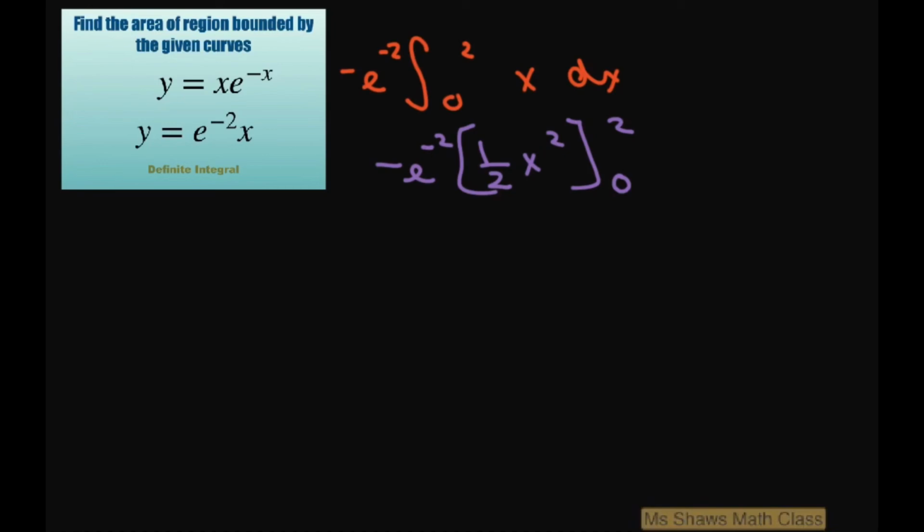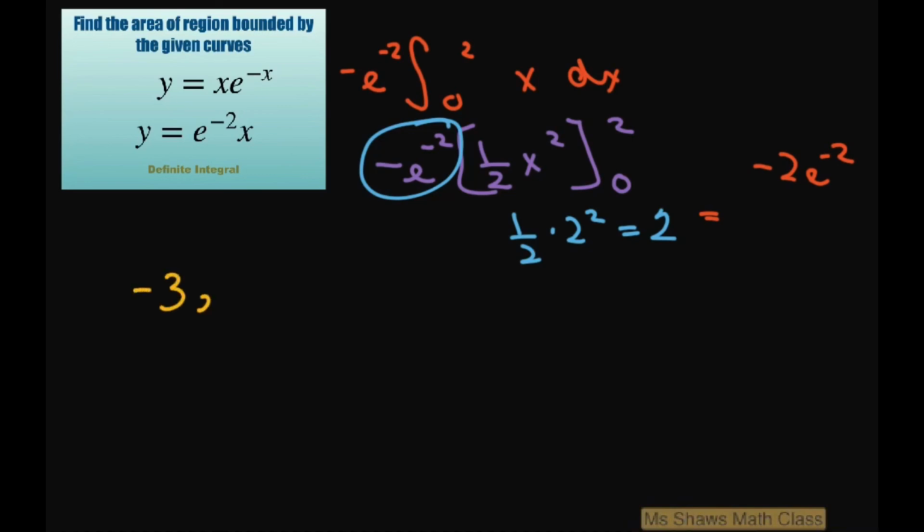When you substitute in 2, you get 1/2 times 2 squared, and that equals 2. So let's multiply, and you get negative 2 e to the power of negative 2. The first one we got was negative 3 e to the power of negative 2 plus 1, and then you just subtract 2 times e to the power of negative 2.